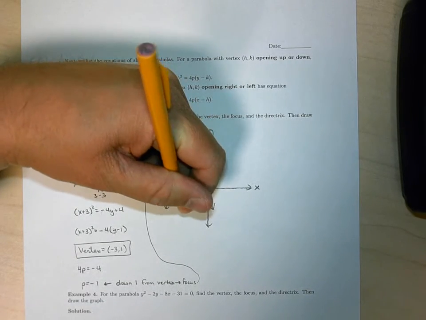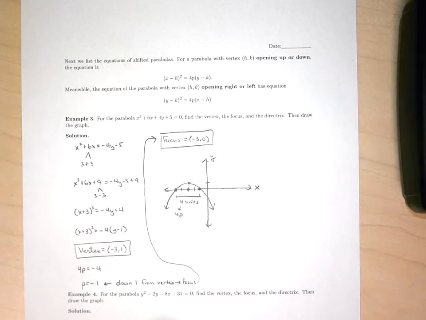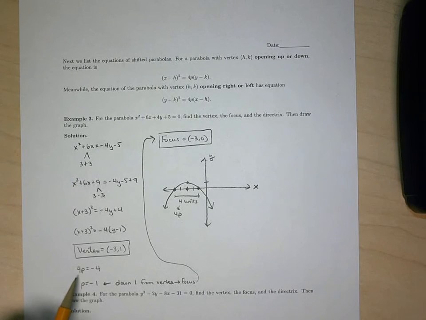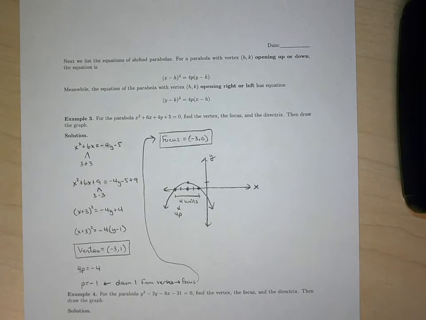So again, I made a 4 unit axis here going through the focus, and that 4 came from the 4p. Since 4p was negative 4, I focused on the 4 part of that. The focus is the midpoint of that axis. Now, for the directrix, I'm supposed to open away from the directrix.